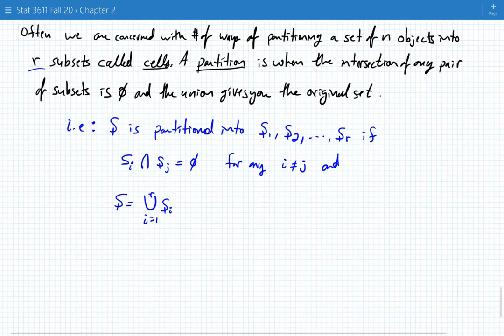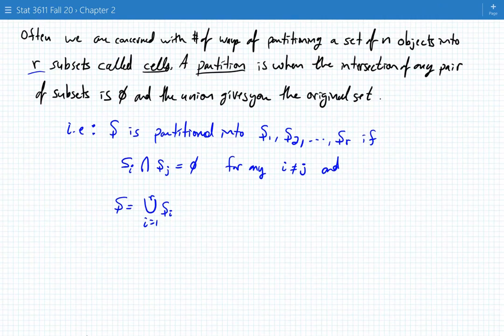A nice way to think of this is if you have, for example, 10 people, 10 criminals or felons, and you're going to put them in different jail cells. You can't put one person in more than one cell. That intersection's always empty. And you're spreading all of them out so that when you look at all the people, you have the original set. It doesn't really matter who goes in the cell first.